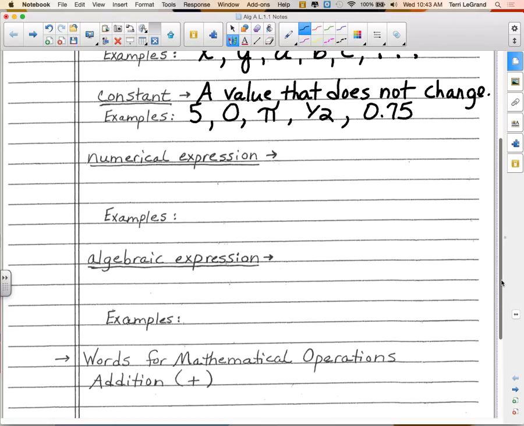Okay, let me tell you. If it's an equation, it has an equal sign in it. If it's an expression, it does not.